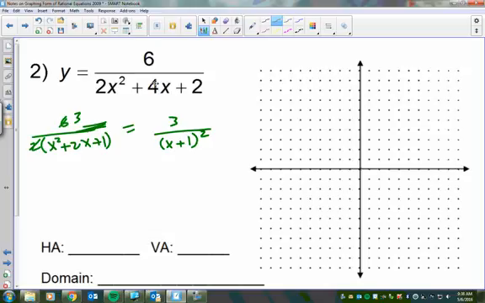Or you could have realized from the get-go that this original had a common factor of 2 everywhere, and just cancel 2 out of everything, and get to the same results that way. Okay? And so it's shifted left 1 with a vertical stretch by a factor of 3.